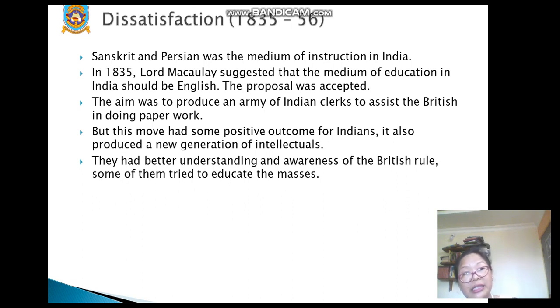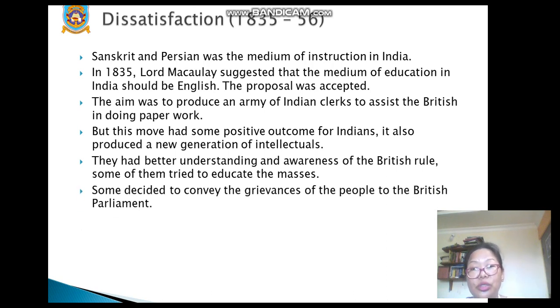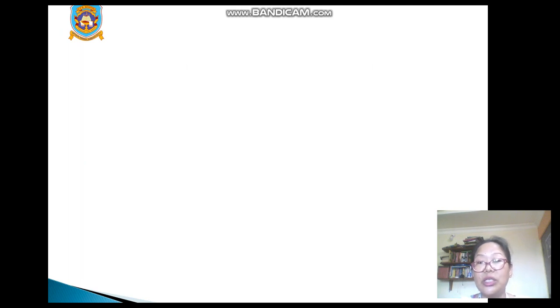They had a better understanding and awareness of the British rule. Some of them tried to educate the masses. Some of them understood what the rights of Indians were, and some decided to convey the grievances of the people to the British Parliament. Whatever was happening in India, they decided to make the British Parliament aware of it.